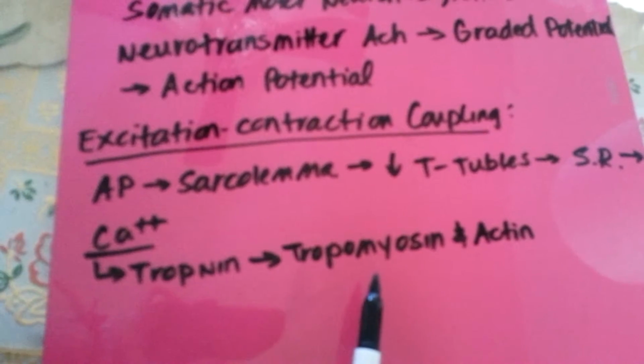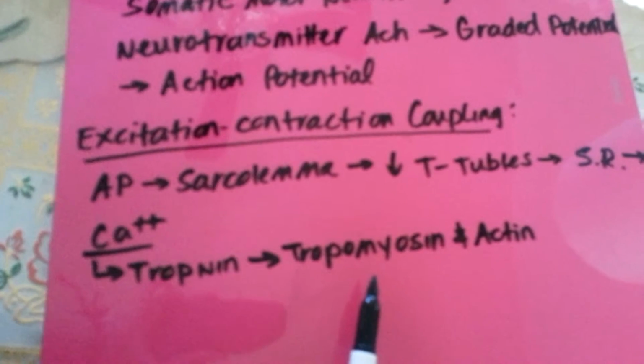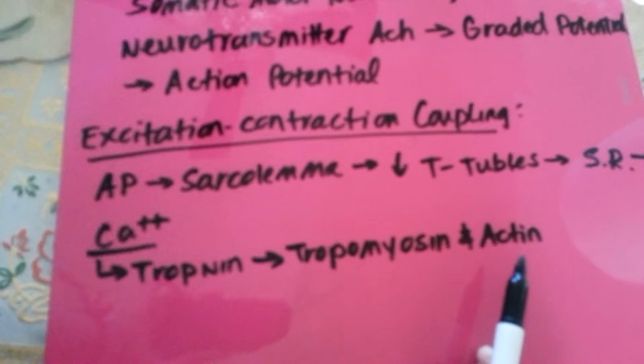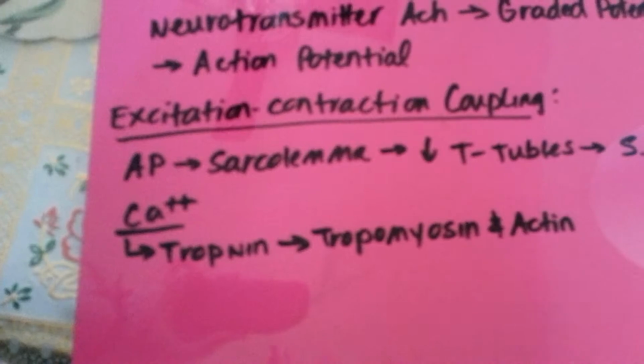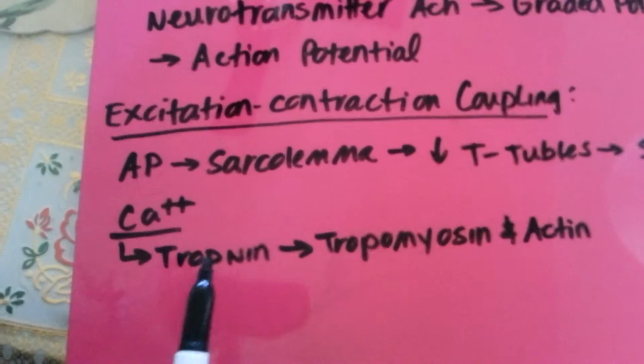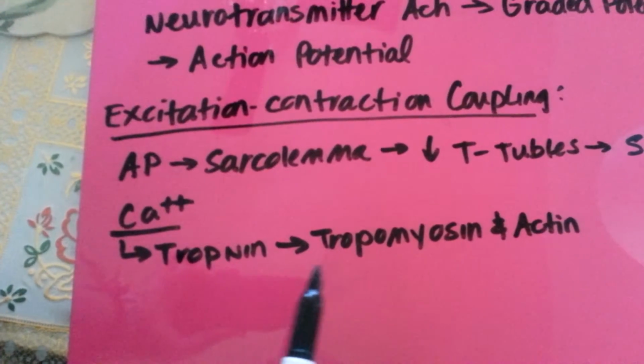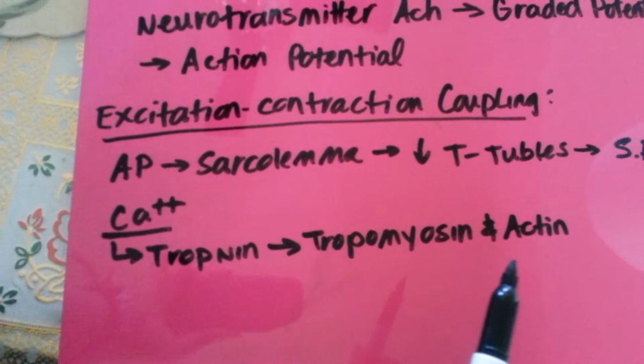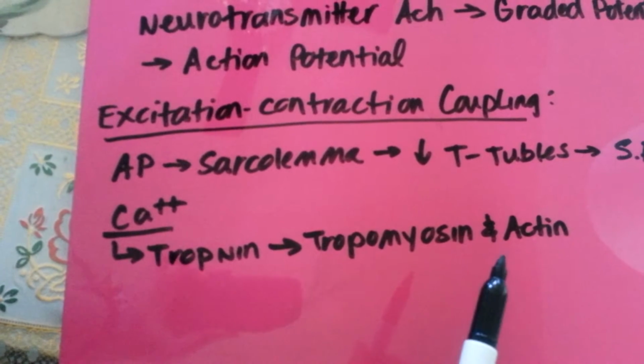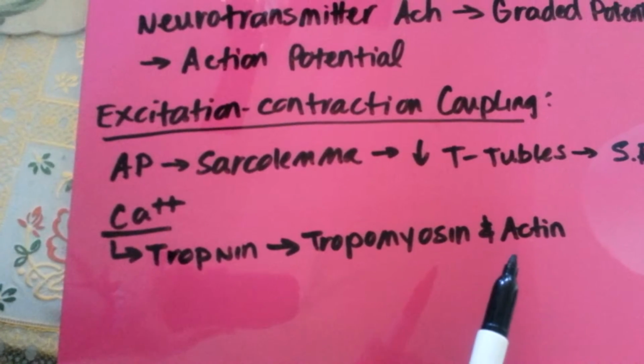Tropomyosin is actually blocking the active binding site on actin. So once calcium binds with troponin, tropomyosin unblocks the active binding site on actin.